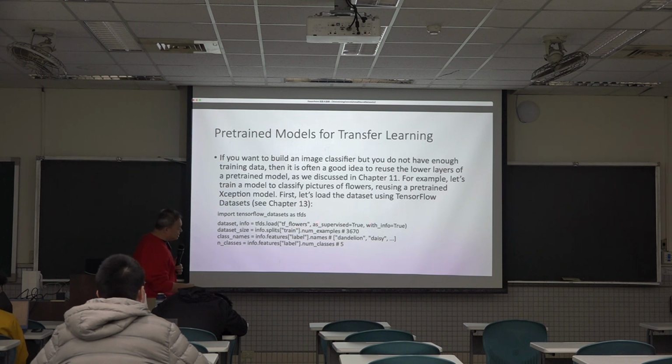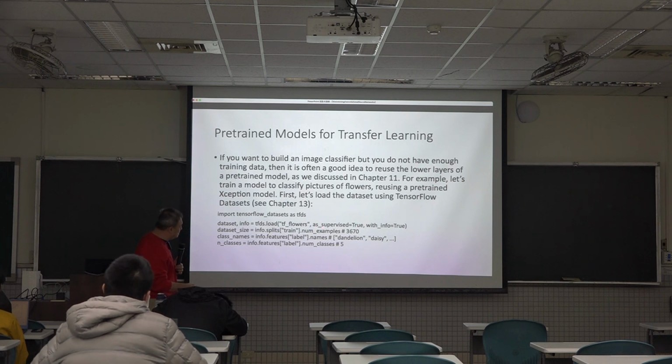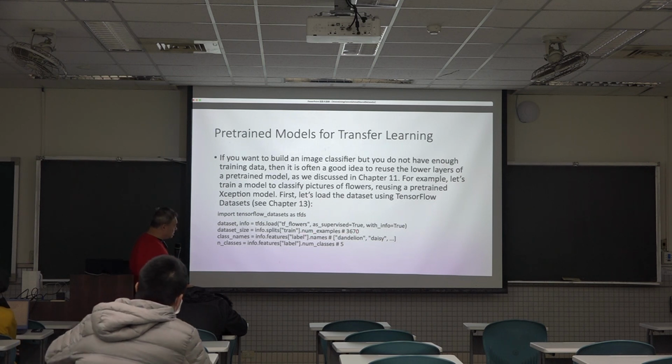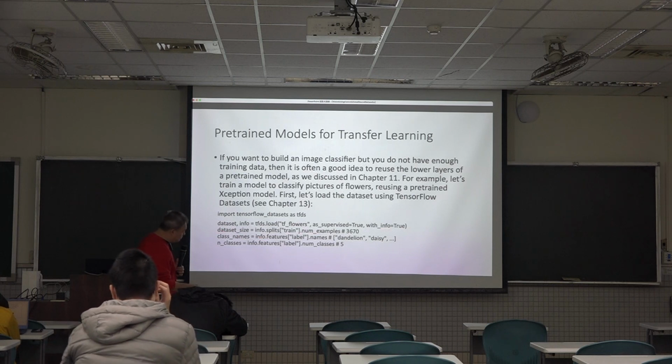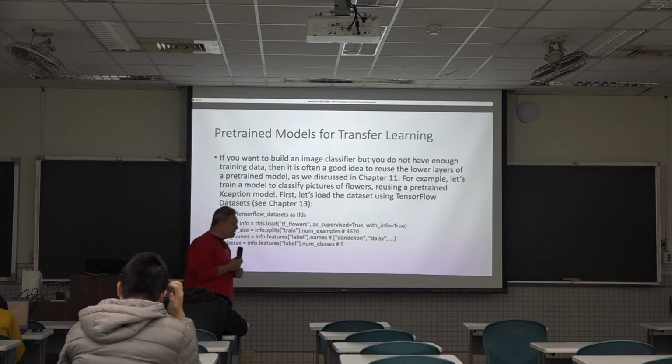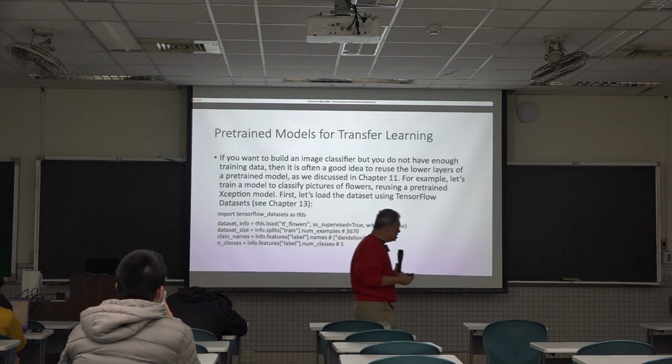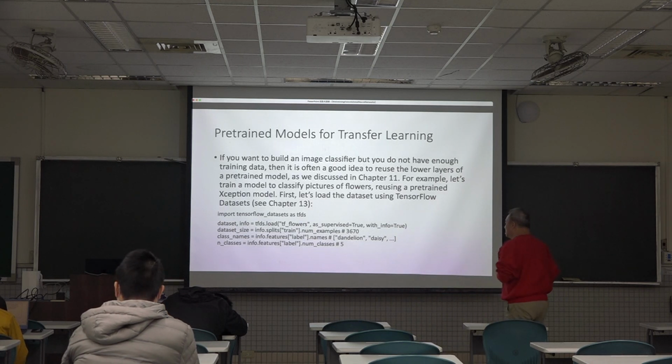This means we want the label; we don't just want the image, we want the label too, and with_info equal to true. So we get this, and the data set size: we have 3,670 labeled images. Well, it's not a really big one, but for transfer learning, it's probably good enough.